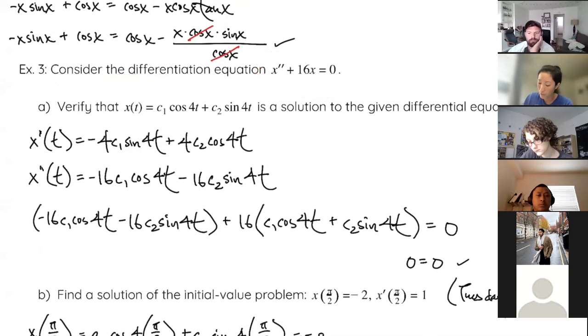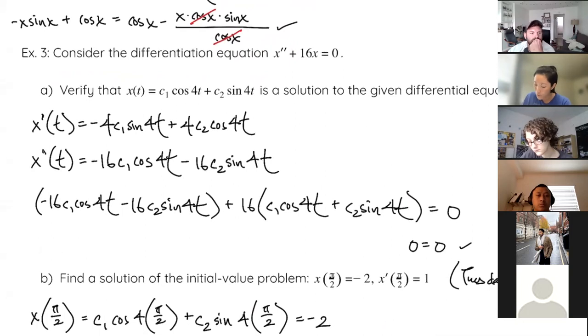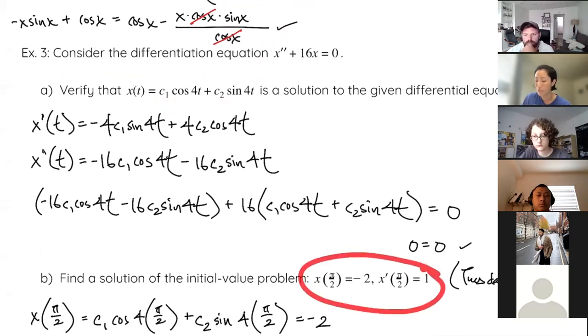From yesterday, we know that x double prime is a second order differential equation. And we had not one, but 2 constants we needed to find. If we have 2 constants we need to find, we need 2 sets of initial conditions.